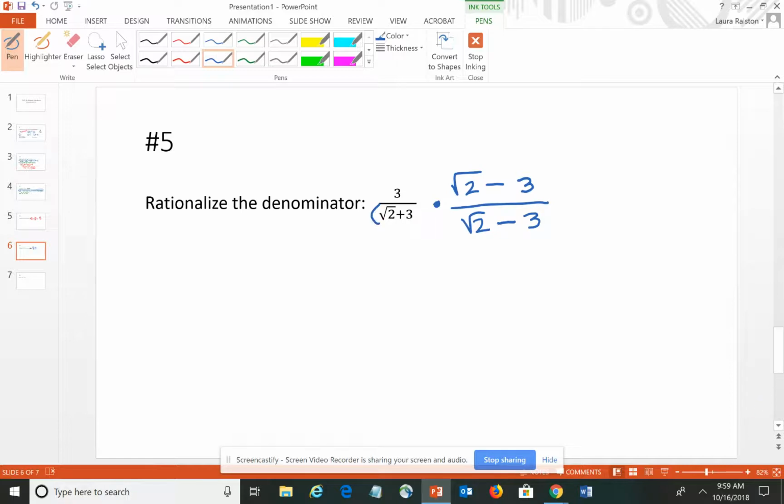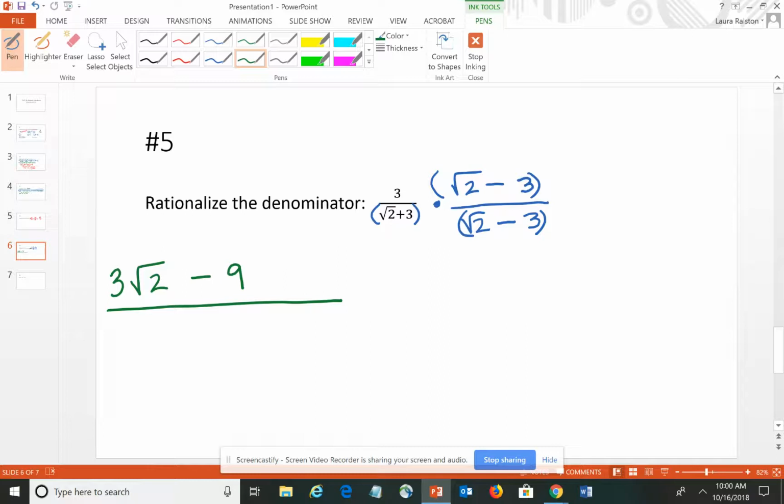Again, with these, it's maybe better to put parentheses around the pieces so that you can multiply them. In the numerator, we simply are going to distribute the 3. So we have 3 times the square root of 2 minus 3 times 3 is 9 over, in the denominator, we have to FOIL it out using first, outside, inside, last.